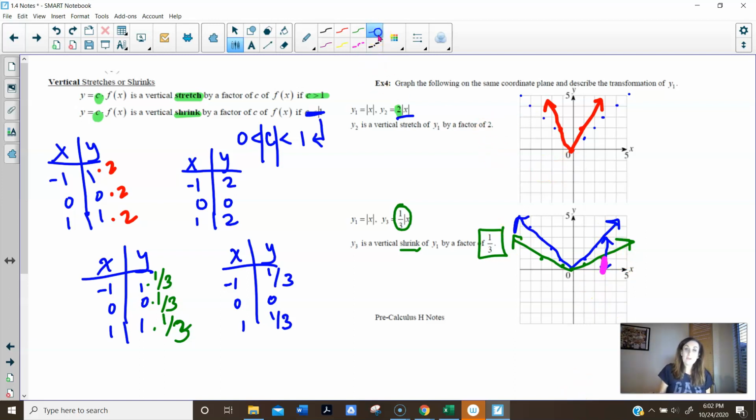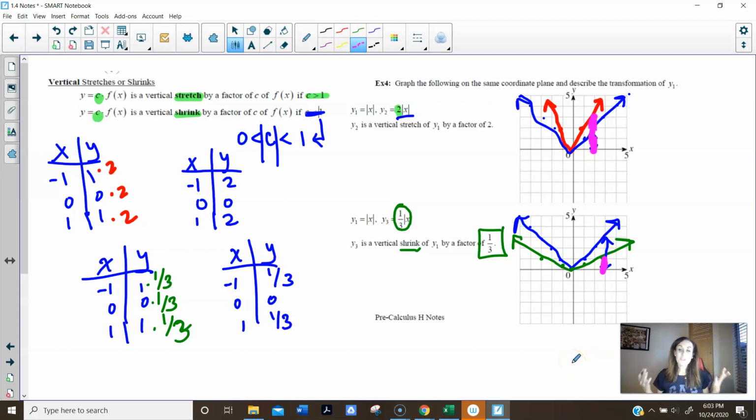And if we look at the graph above, here is my original graph. Ooh, that looks terrible. If we're talking about vertical, this one is my original vertical, all right? And then this one is my new vertical, and you can see it's a vertical stretch in the top one and a vertical shrink in the bottom one, all right?